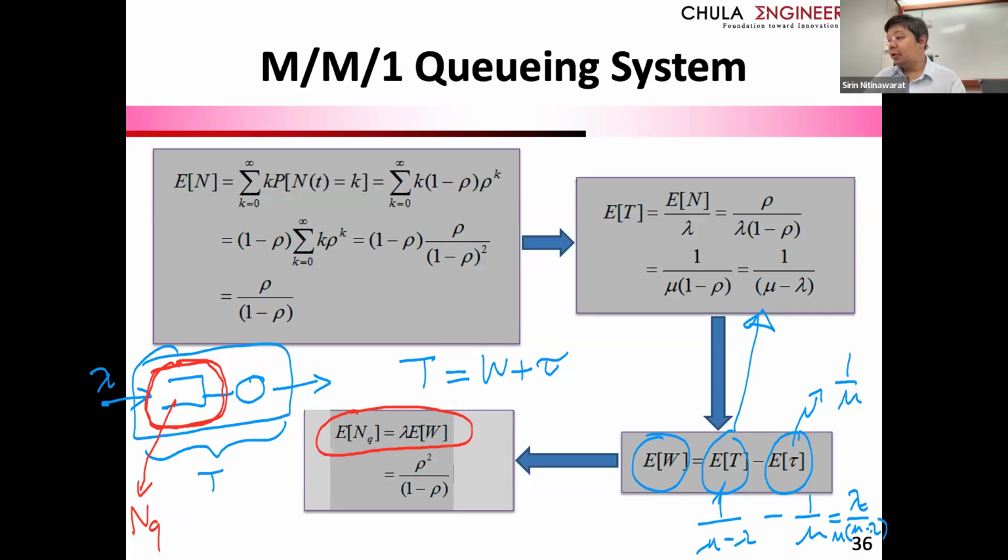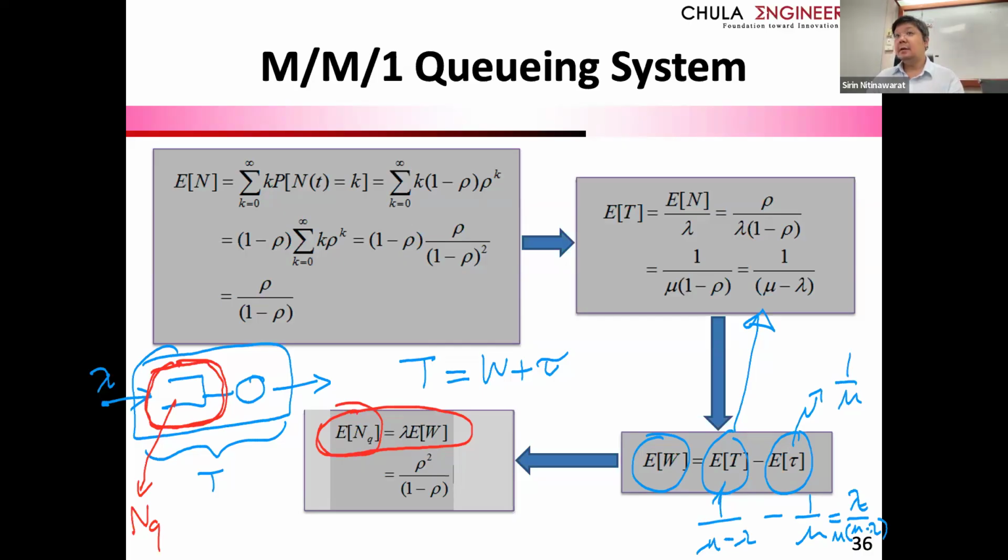So now that you already know the expected wait time in the queue only, excluding the service time, you can use this sub Little formula to compute the expected number of customers in the queue, excluding the number of customers being serviced.